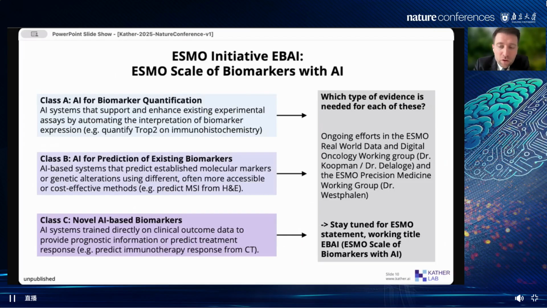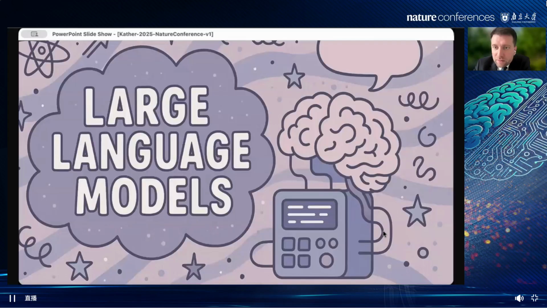Class B is prediction of existing biomarkers from other data, for example, predicting microsatellite instability from pathology slides. And Class C is novel biomarkers, where we predict outcomes and treatment response directly. So this will come out hopefully soon in Annals of Oncology, the ESMO journal in this case.